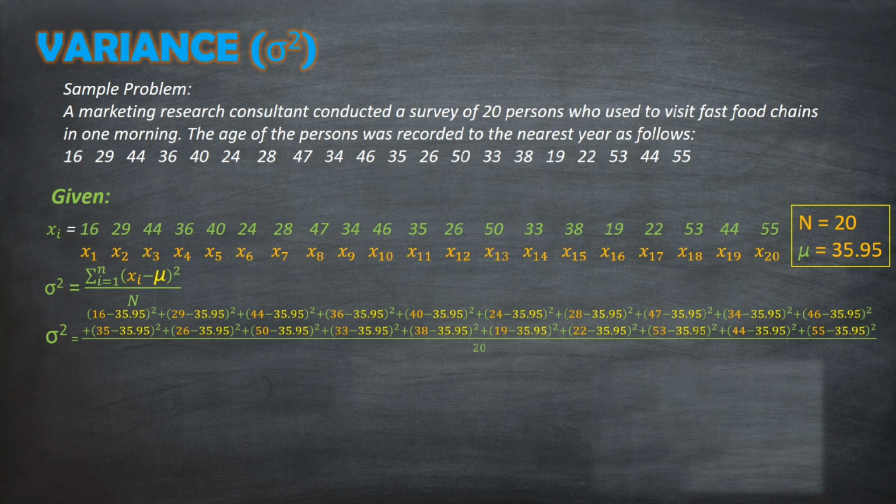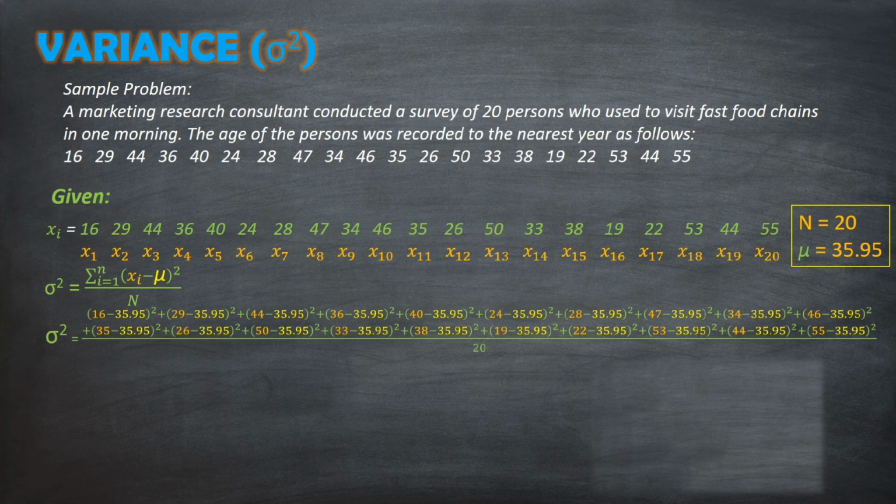Starting from x sub 1, that is 16 minus 35.95, then you square the difference, plus, moving on to our x sub 2, which is 29 minus 35.95, and you square the difference as well, plus the x sub 3, which is 44, subtract our μ, then square the difference, and moving on up until the x sub 20.